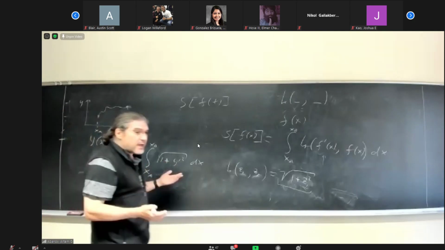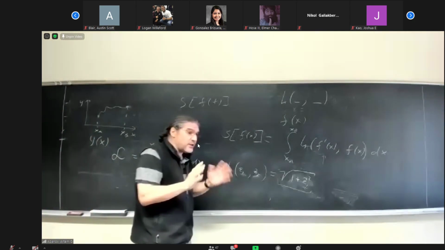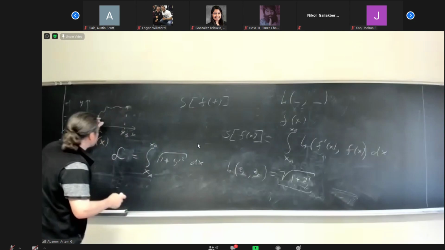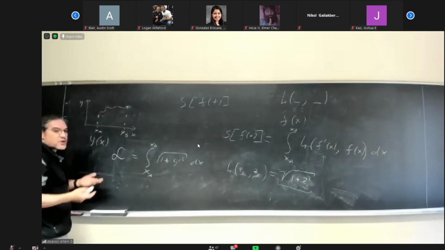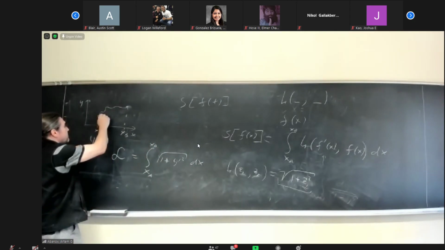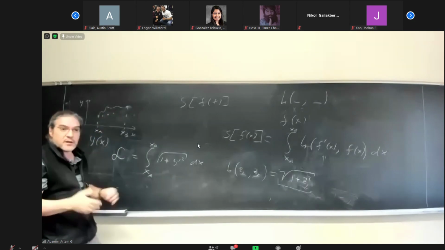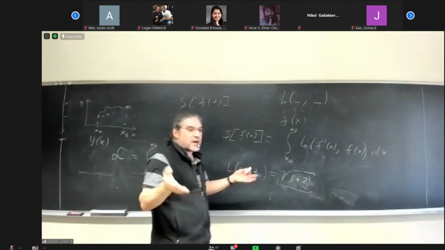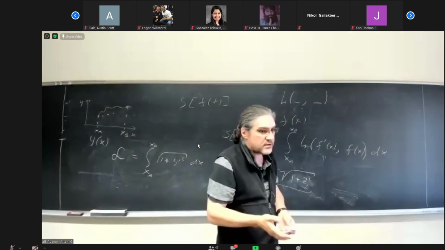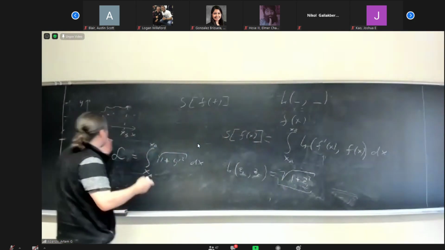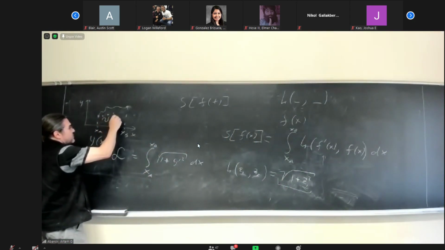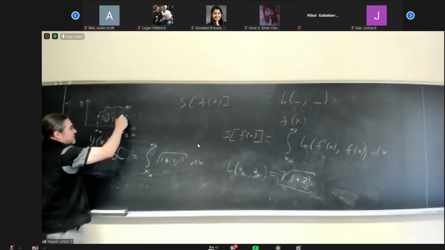I can make it differently. I can say that the velocity with which I can travel is different in different points. That's a typical situation when your highways have different speed limits. So let's say velocity is a function of x and y.